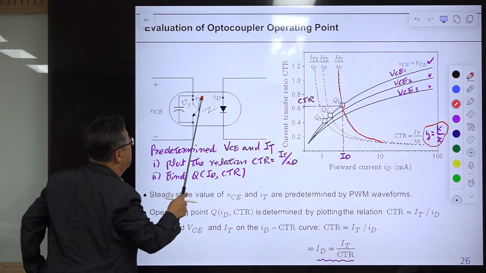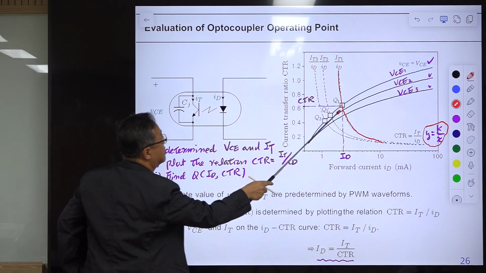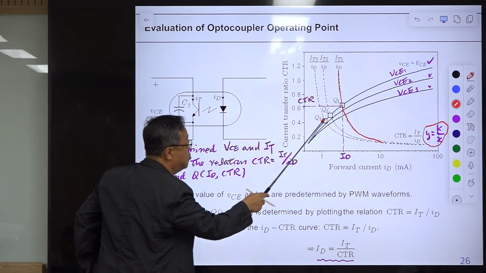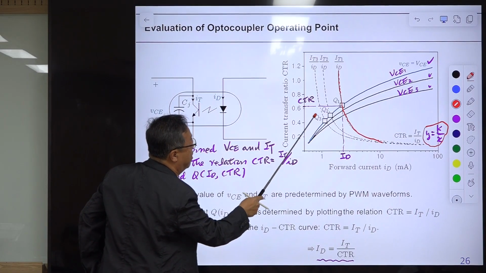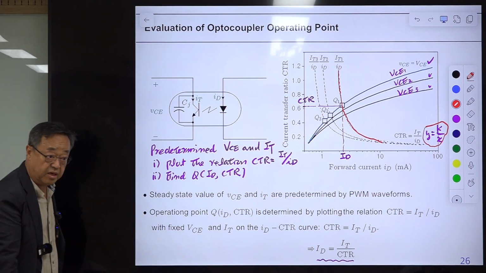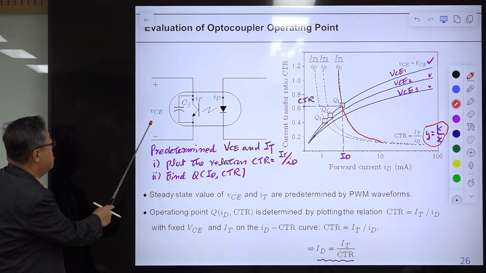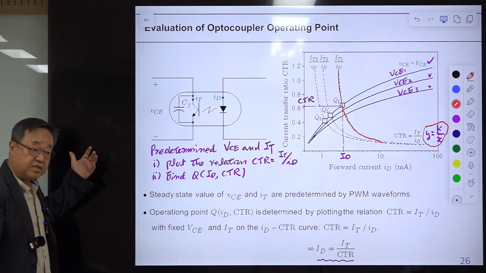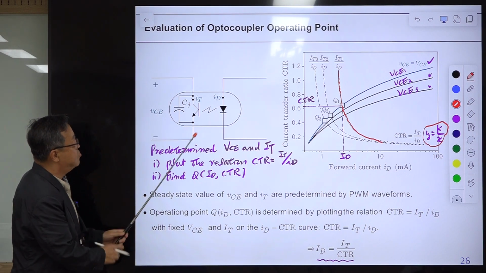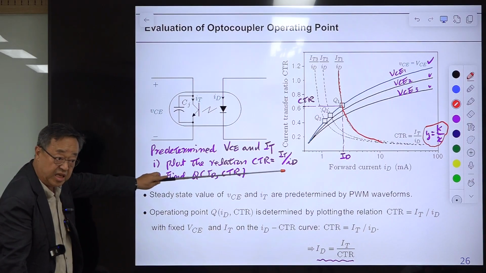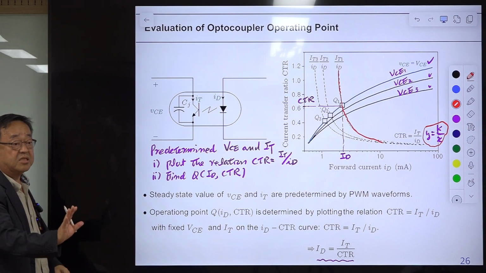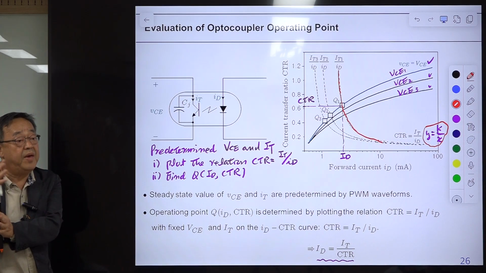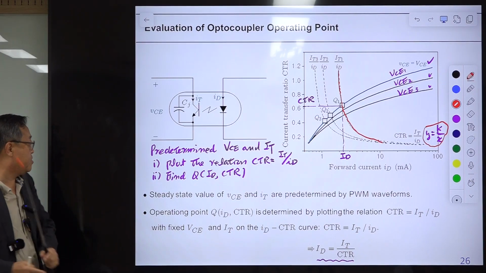If IT1 increases or decreases, then this point will move here. Then CTR varies and ID varies. So from the bias circuit, that information determines CTR and ID. That is the basis for the design of the remaining part of this bias circuit.